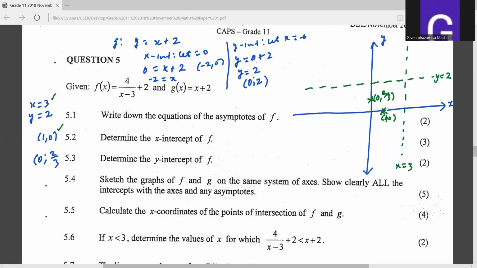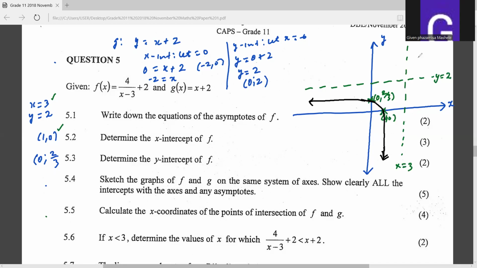But we know that when you draw the hyperbola, the graph must move parallel to the asymptotes. So we'll have something like this.